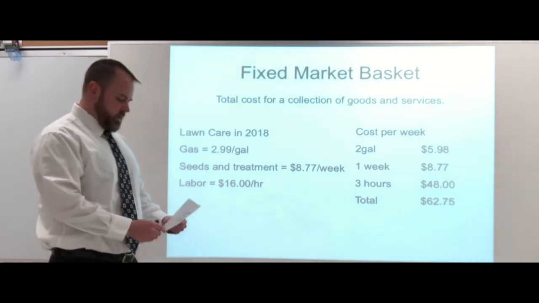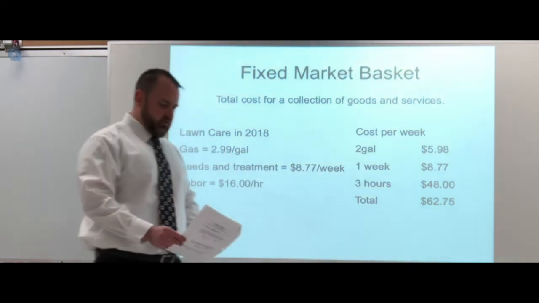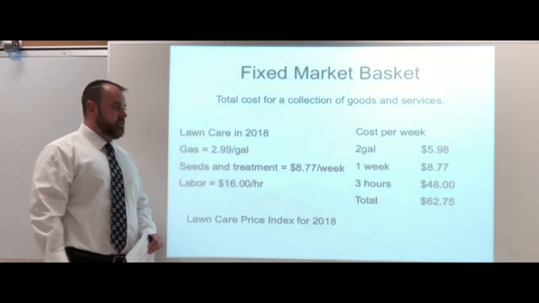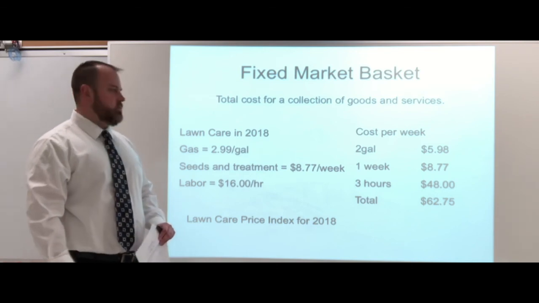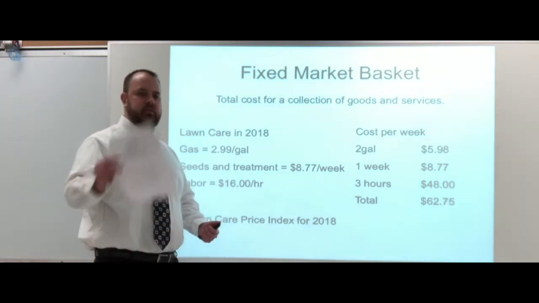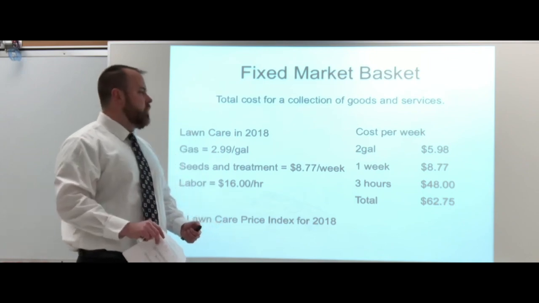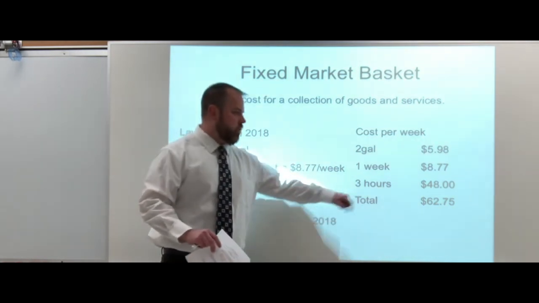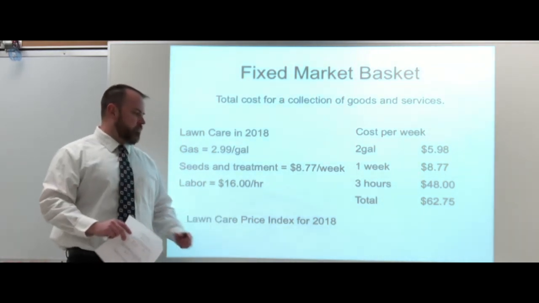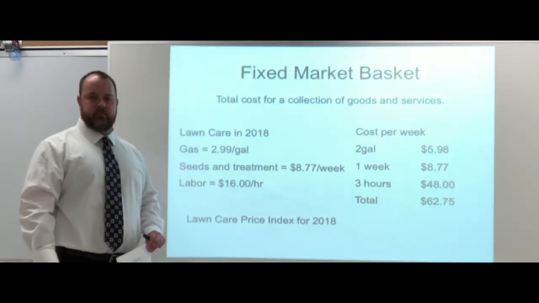Your total cost here would be $62.75. This is the lawn care price index for 2018. So this takes into account everything needed to complete this service, and the total cost is $62.75.